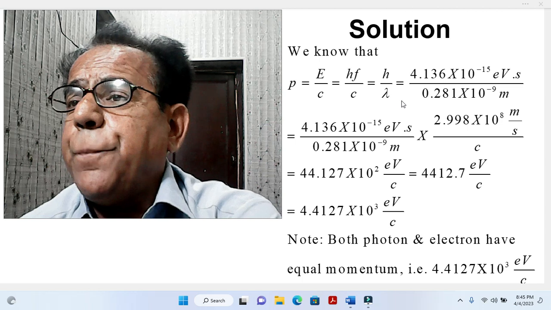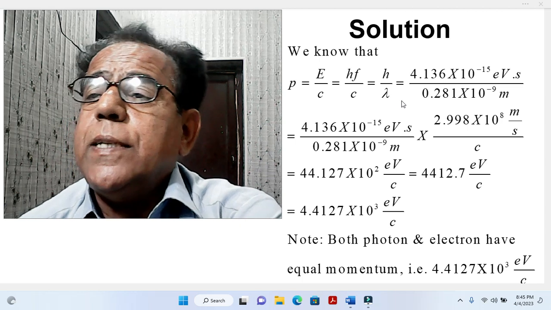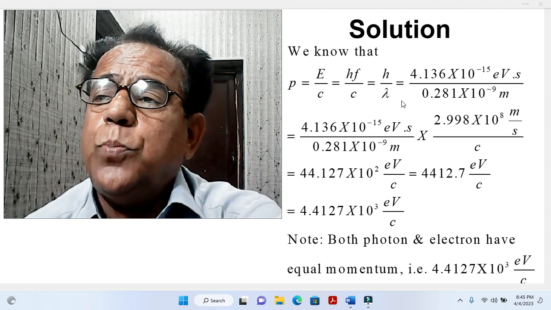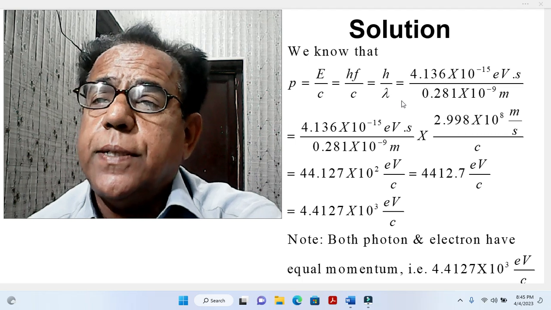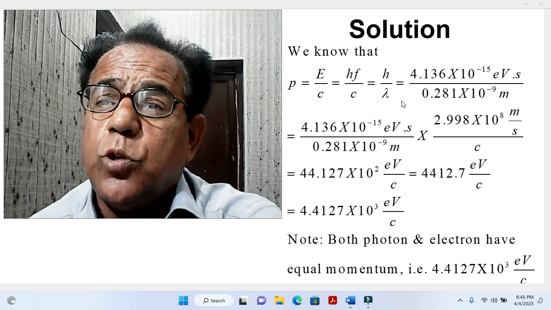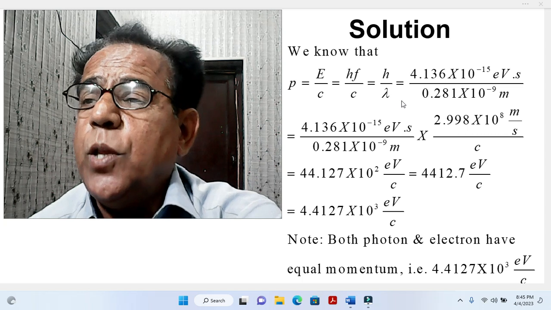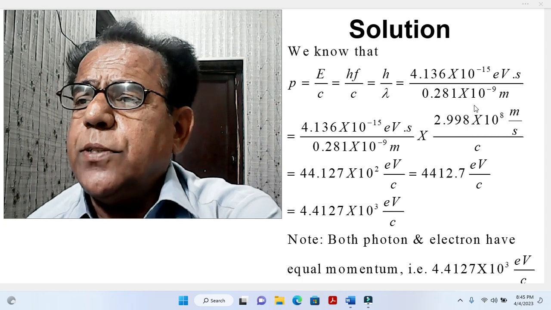Moreover, the value of lambda is given in this statement, which is 0.281 nanometer. We know that nano stands for 10 to power minus 9, so we have used this value here.